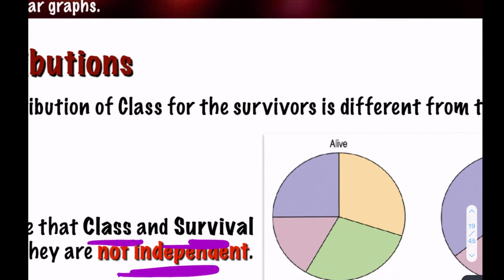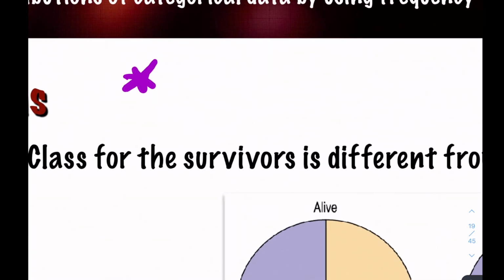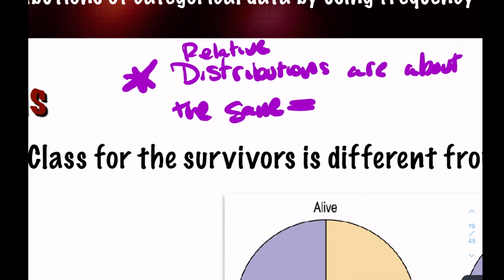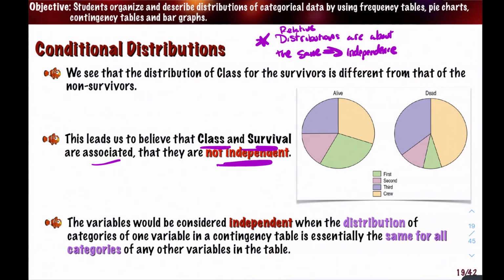Note, this also means that if the relative distributions are about the same, then we do have independence, or there is no association.